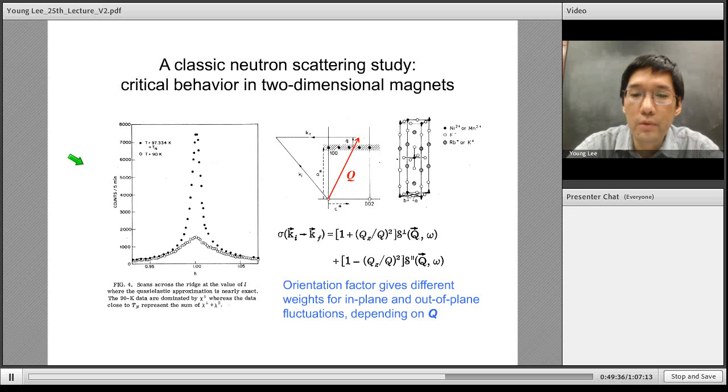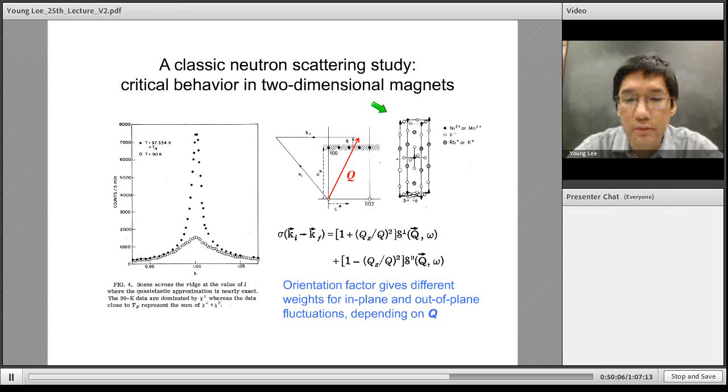Therefore, only fluctuations up and down in this out-of-plane direction will have this divergence, for example in the susceptibility according to the Ising model, but the fluctuations in the plane are related to the Heisenberg spin components remaining, and they do not diverge at Tc, or TN in this case.